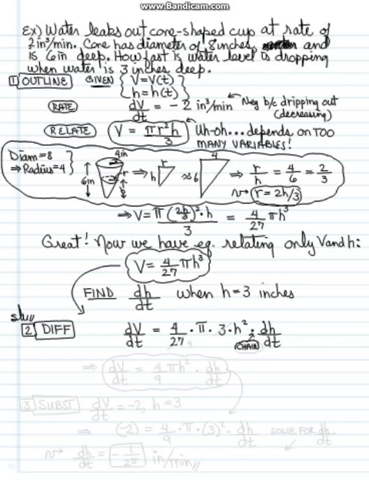Okay, hold on just a second. What are we doing here in step 2? We're taking dV/dt. We're doing the derivative. dV/dt on the left is equal to 4 over 27. Bring that out. Bring the pi out. Now take the derivative of h to the third power. Use the power rule.